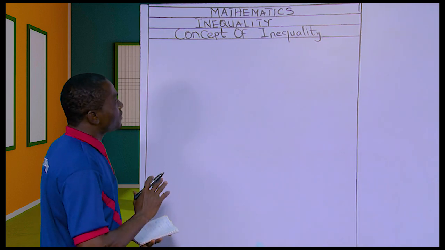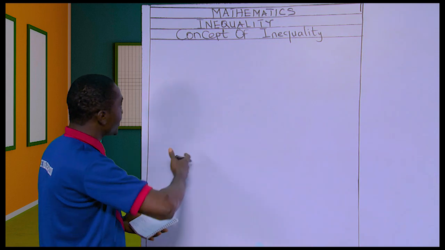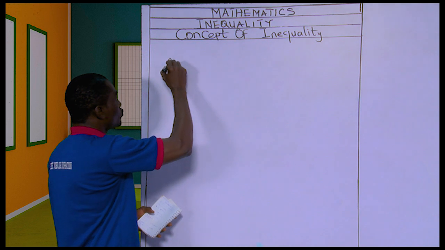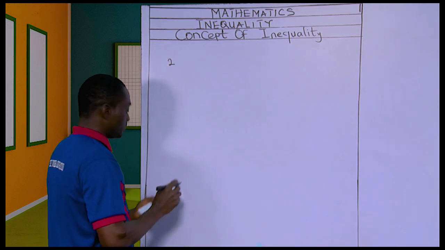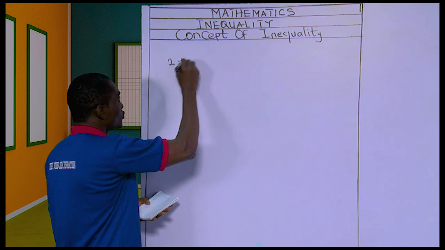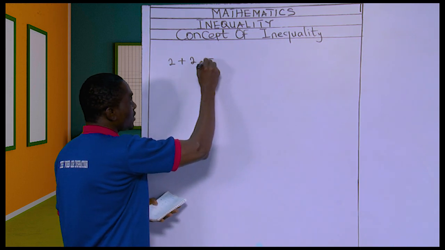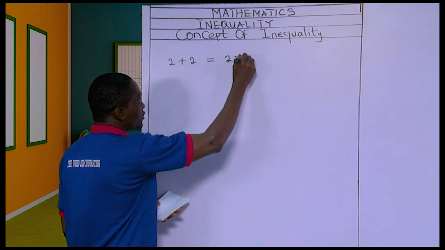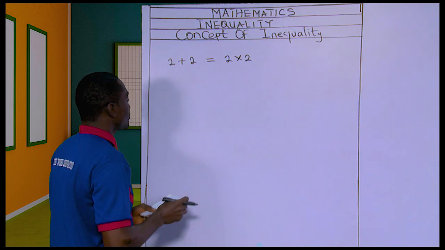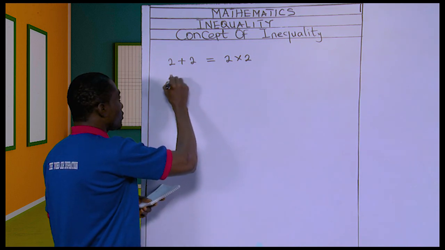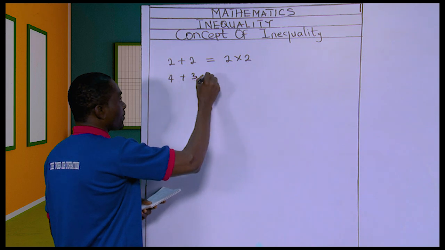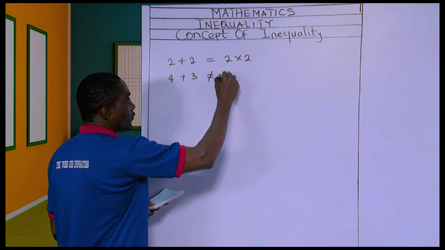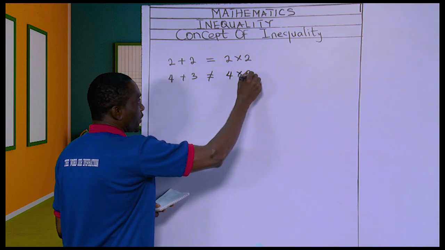Let's say we have the following expressions. 2 plus 2 equals 2 multiplied by 2. 4 plus 3 is not equal to 4 multiplied by 3.